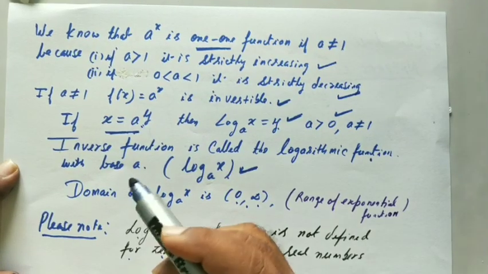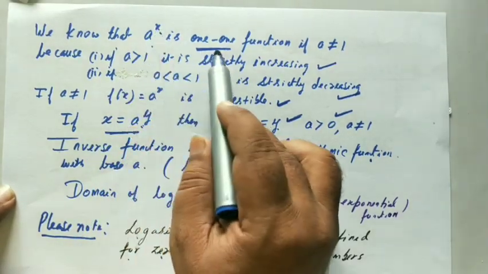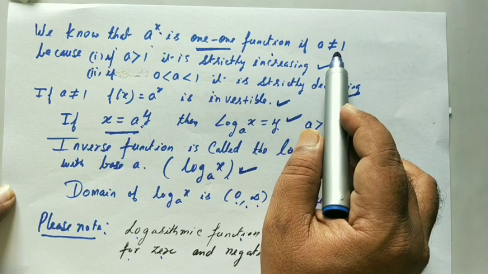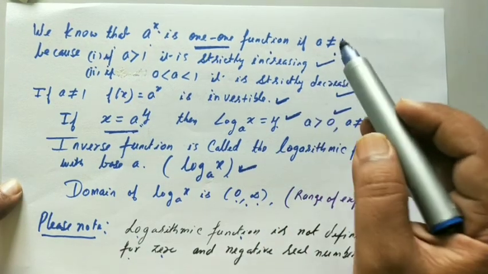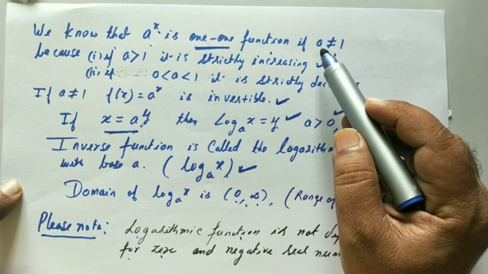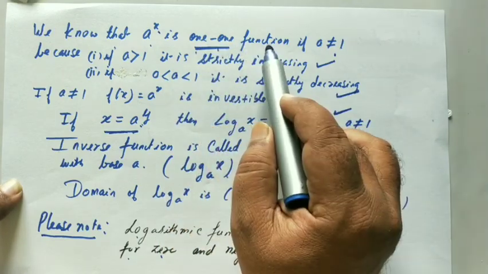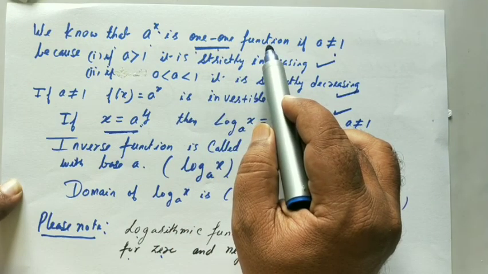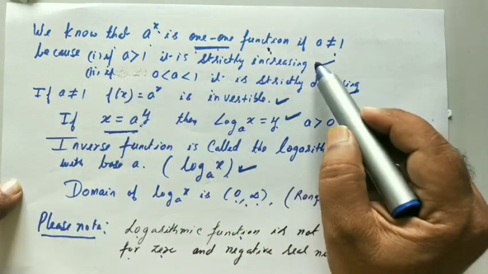So just now we have studied that a to the power x is a one-one function when a is not equal to 1. That is strictly monotonic function. When a is greater than 1 and when a lies between 0 to 1, when 0 and 1 are not inclusive, it is one-one function. Then only inverse function can exist. So this is strictly increasing function.